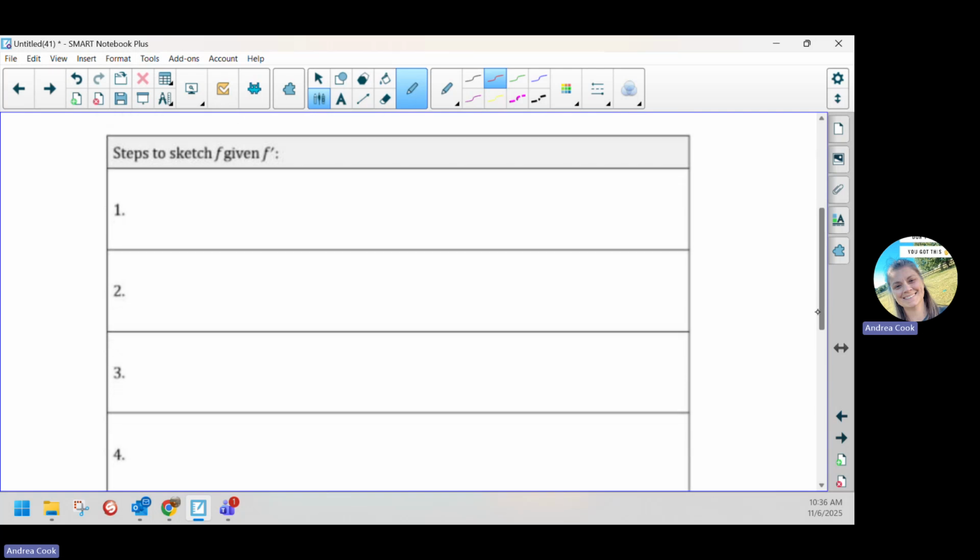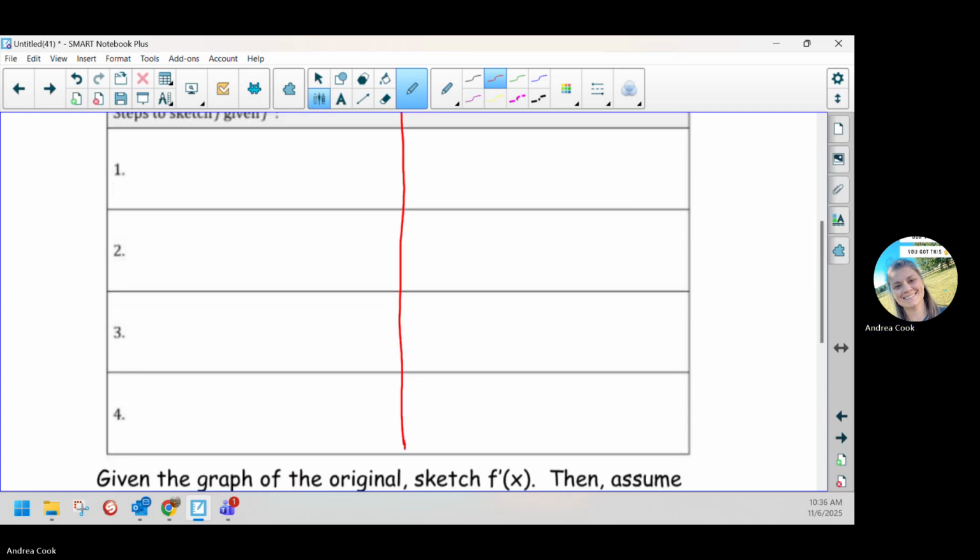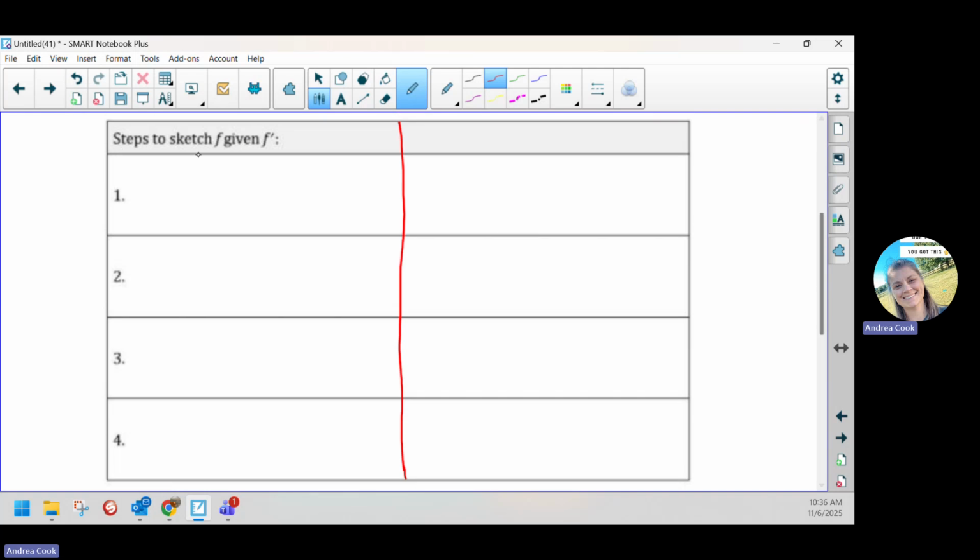All right, the last thing we're going to do today is we're going to make this table, and we're going to split this table in half, and we're going to look at not only what the directions say here, we're not only going to take steps to sketch f given f prime, we're also going to sketch f prime given f.